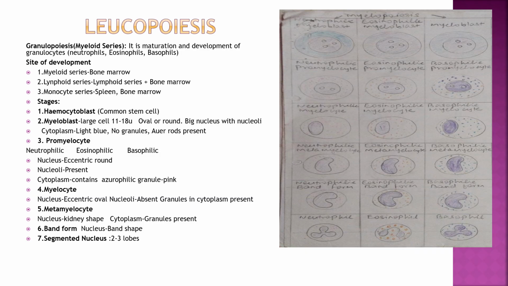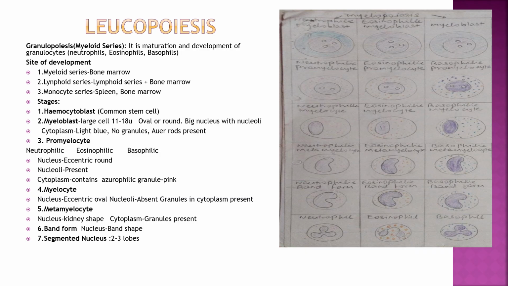Then promyelocyte, it is differentiated into neutrophilic, eosinophilic or basophilic according to the granules present, either pink, orange or bluish black in color respectively. Then it matures into the myelocyte, which is smaller in size. Then an eccentric oval nucleus is present, no nucleoli, and granules in cytoplasm are present.